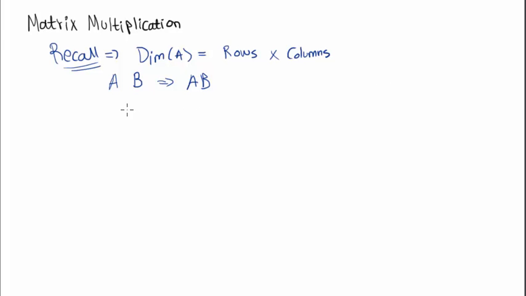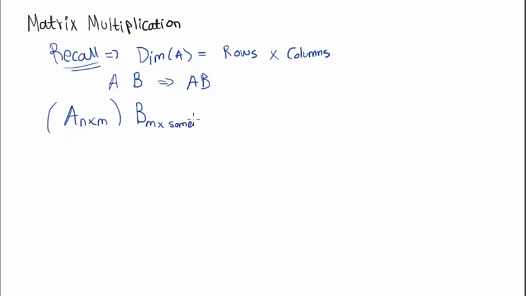So basically what I mean by that is, let's say A is an n by m matrix. What this means is that A is some matrix that has n rows and m columns. Now, I want to multiply that matrix with B. Then B must have dimensions of m by something.